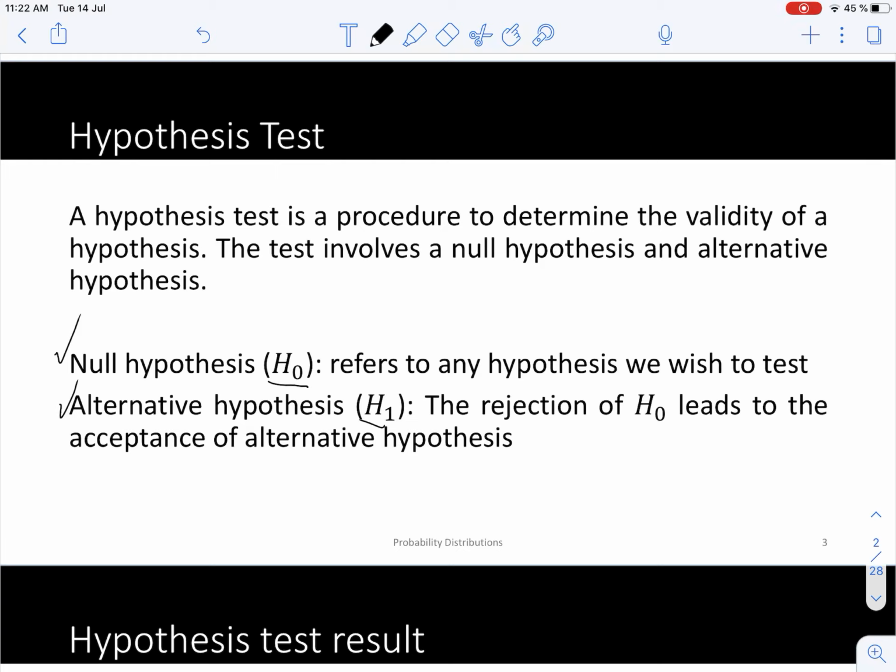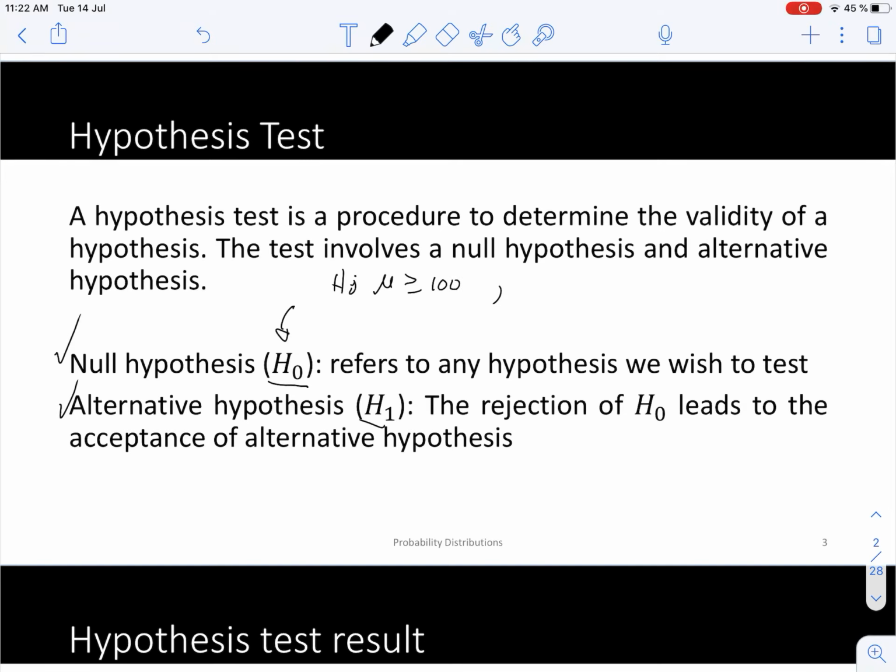Now, how are we going to define which one is the null and which one is the alternative? So one easy way to do that is that the equal sign has to be always included in the null hypothesis. That means that in the null hypothesis we'll have expressions such as mu greater or equal to, for example, 100.